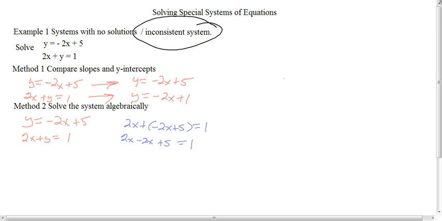Okay, well, 2x minus 2x will give us 0 plus 5 is equal to 1, and 5 is not equal to 1. So we can see that this equation actually is false, and it's a contradiction.